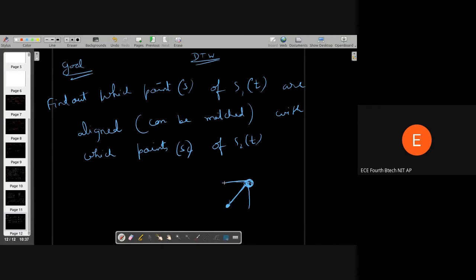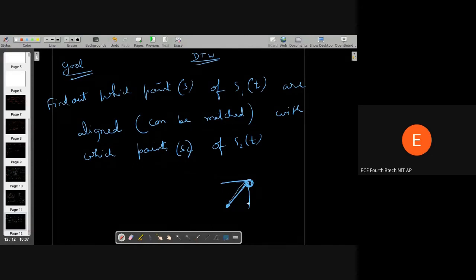You could have a path like this, horizontal, a diagonal path, or a vertical path. Based on the distance, we are trying to find the minimum distance. The minimum distance obviously will happen if all the points are perfectly aligned, or they are the best aligned, the most optimum alignment occurs.